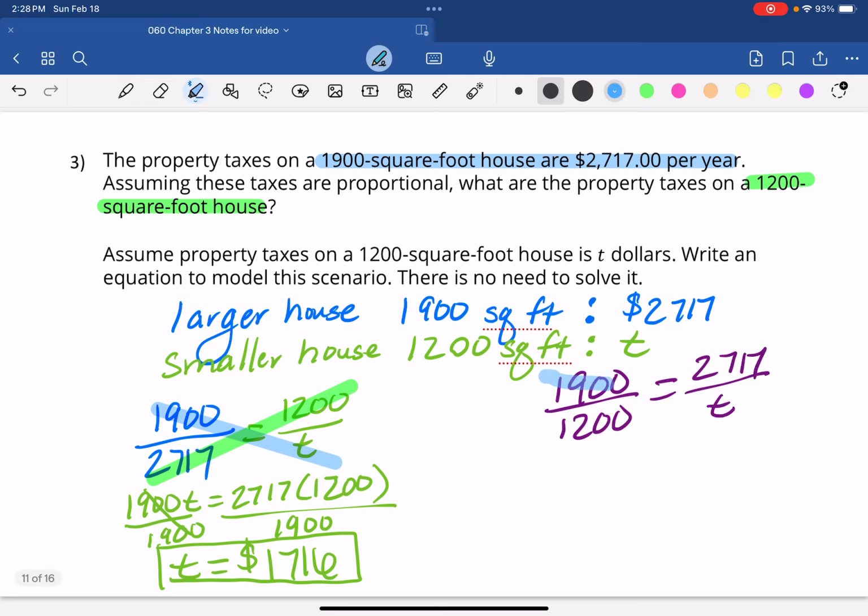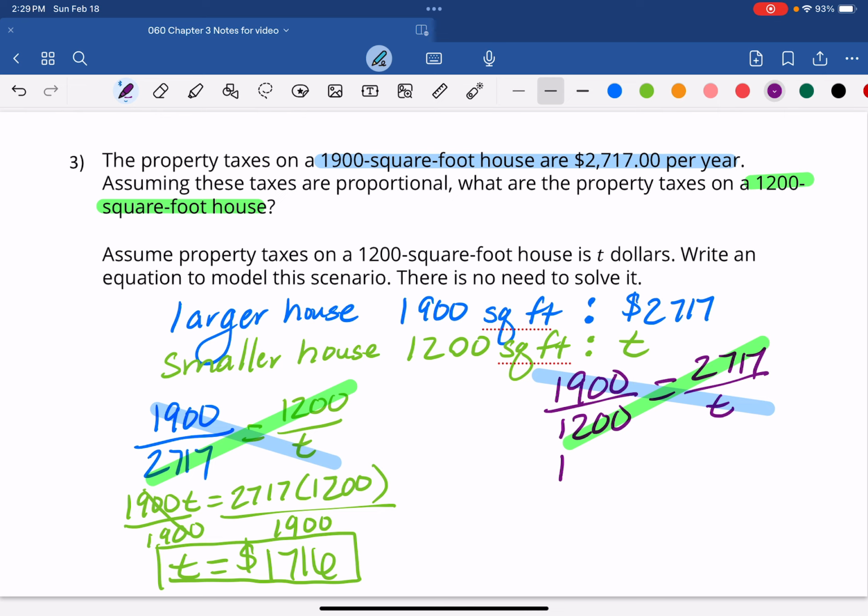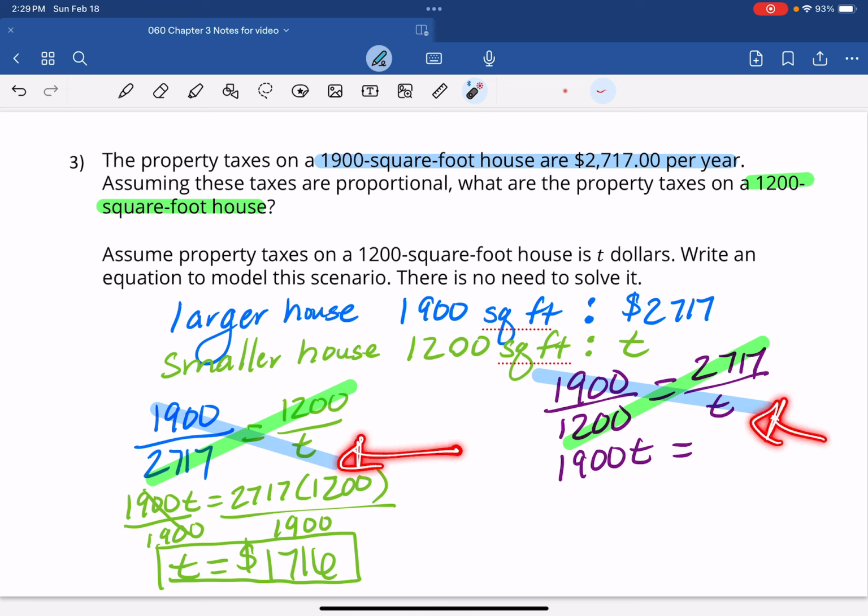And when you cross multiply, I want you to notice that the blue highlighted is the same here as it is here. And the green highlighted here is the same as it is here. The only difference is the green, the numbers are in different positions.